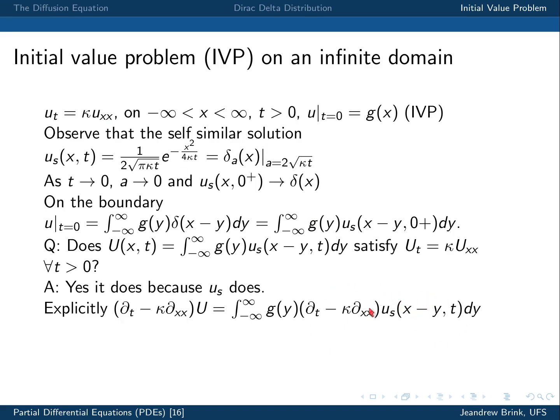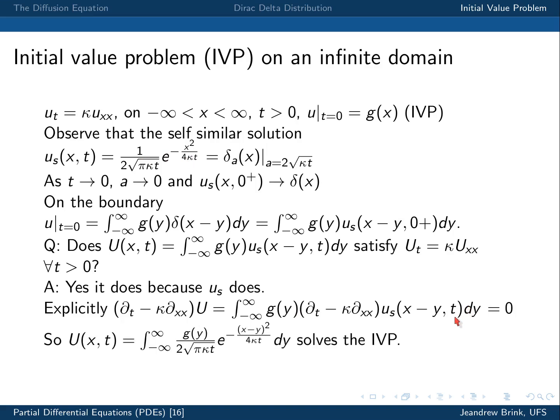So you can basically show that this thing is equal to 0, and if you're uncomfortable with this extra y, simply put x minus y into this expression and actually do the derivatives yourself explicitly, and you'll find that it is 0. Okay, so that's equal to 0.